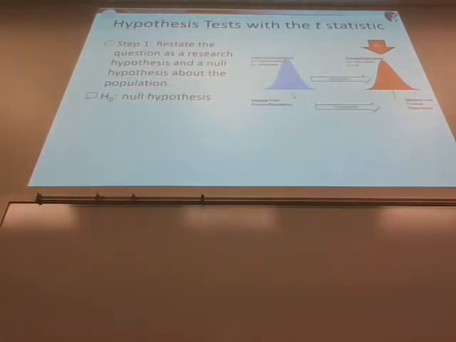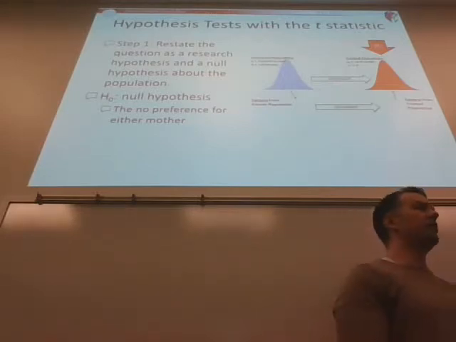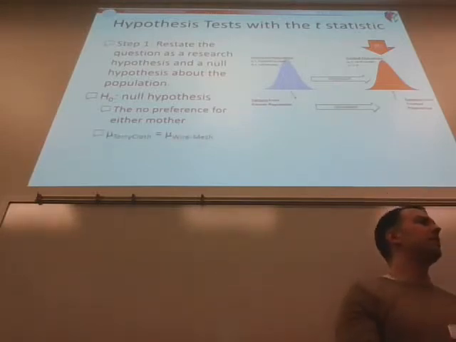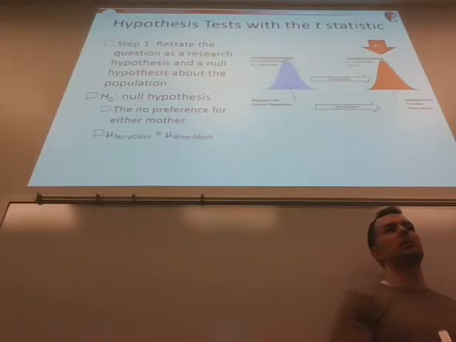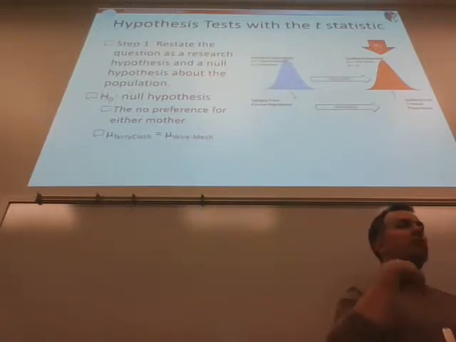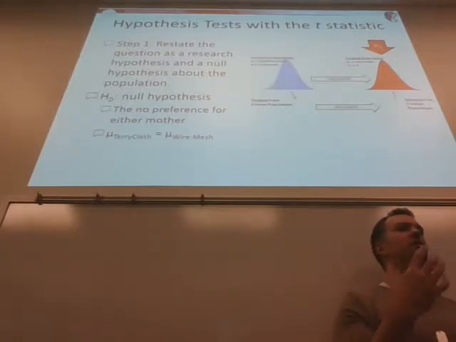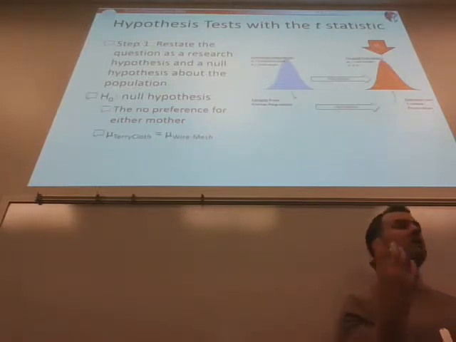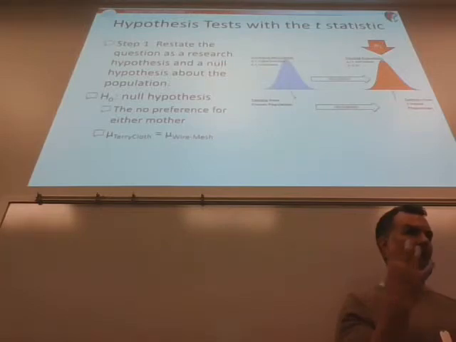The null hypothesis, on the other hand, is that there's no effect, there's no preference for either mother, which means that the time spent with the terry cloth mother equals the time spent with the wire mesh mother. And again, this is oftentimes the most challenging step for students when they start off with this single sample t-test. How do we get that number? It takes a little bit of logic, a little bit of deduction, and reading the question. In this case, realizing that they spend 18 hours a day with a mother.